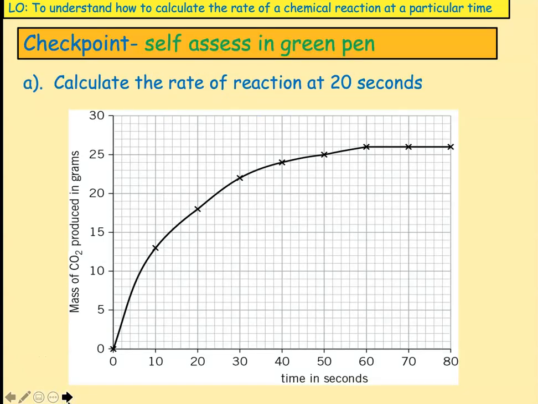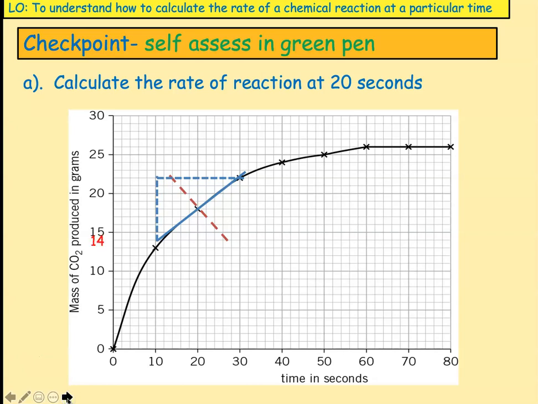So calculate the rate of reaction at 20. So we need to get the point 20 and draw a 90-degree line to the point, then draw a tangent. Then we're going to make it into a triangle, which is going to give us our 2 different points.